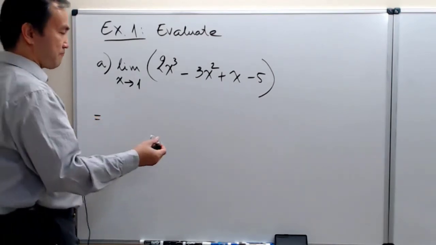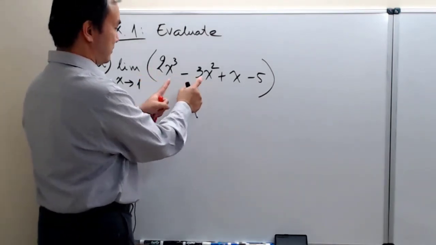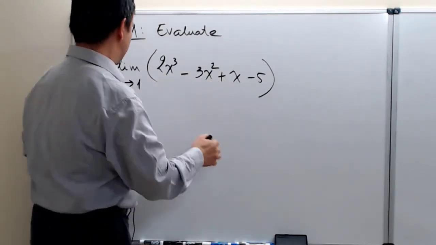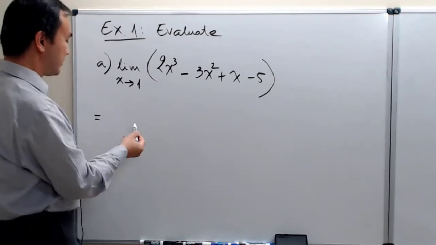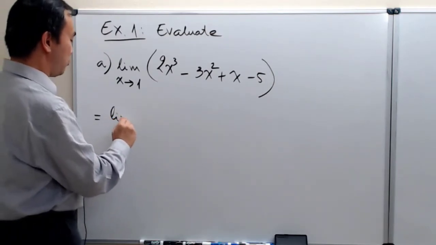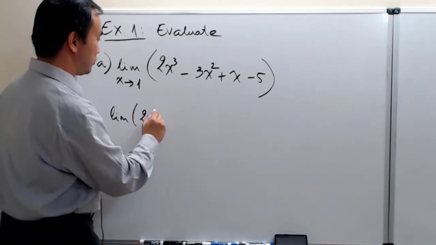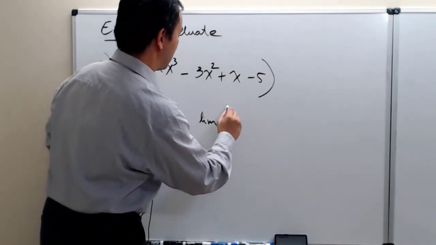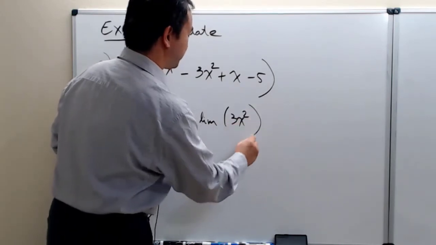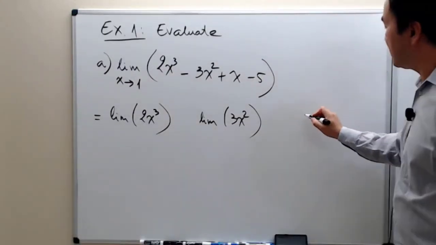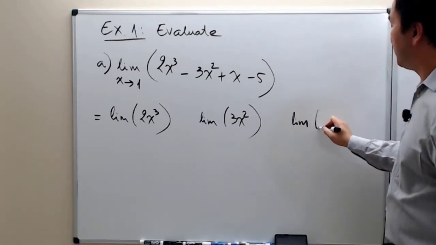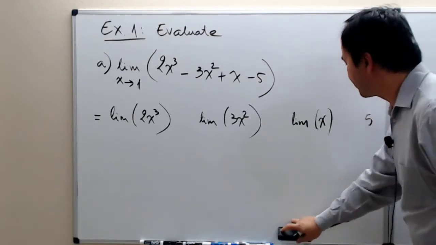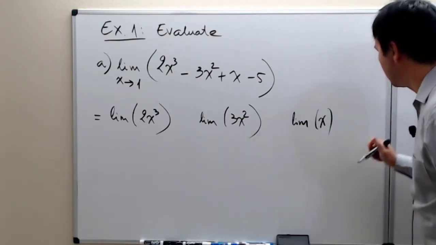First of all, this function has 4 terms. It's a mix of the difference rule and the sum rule. So the sum and difference law allows me to find 1 separate limit on the function 2x cubed, and then 1 separate limit on 3x squared, and 1 separate limit on the function x, and 1 separate limit on the function 5.